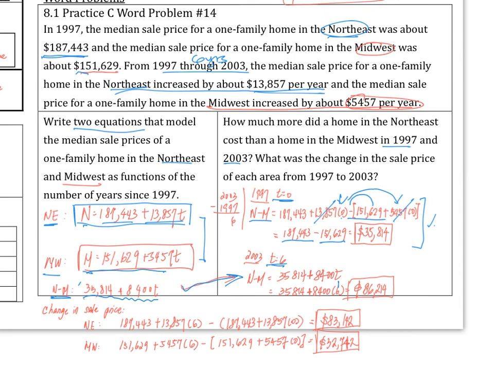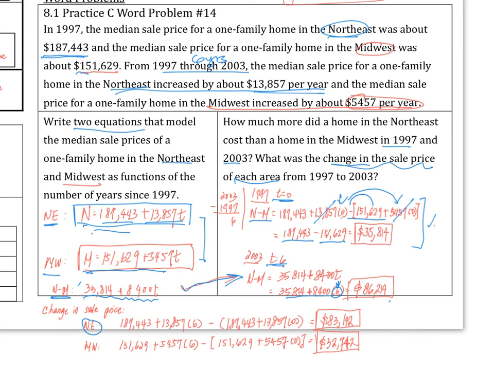I plugged in 6 for t. And then after doing the math, I got an amount of $86,214.